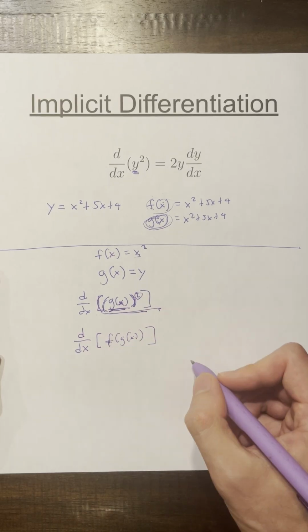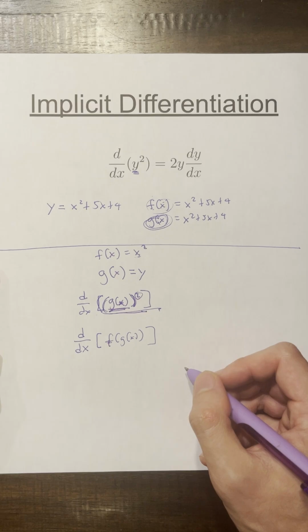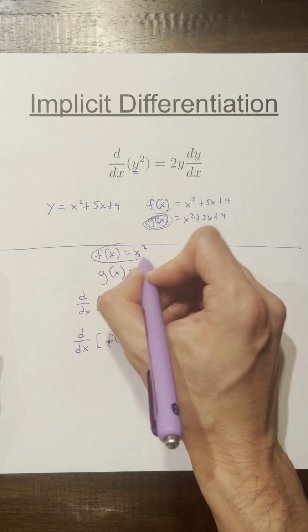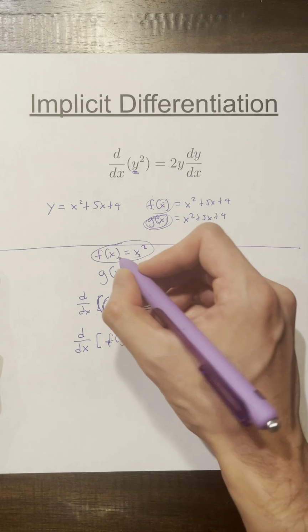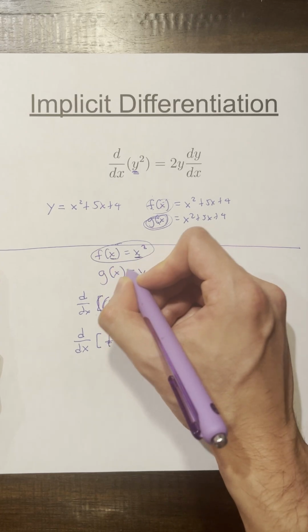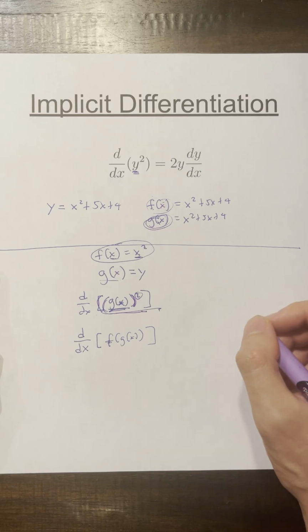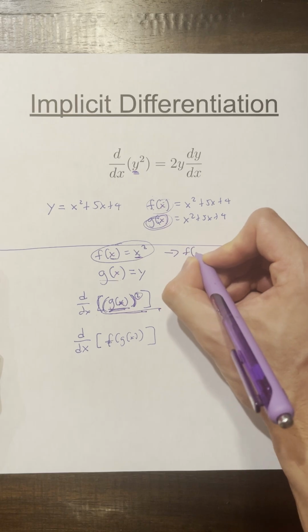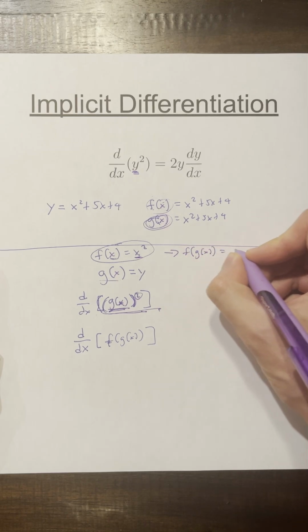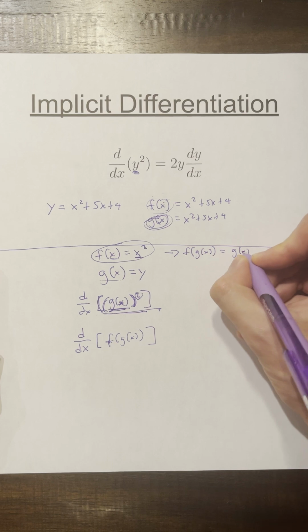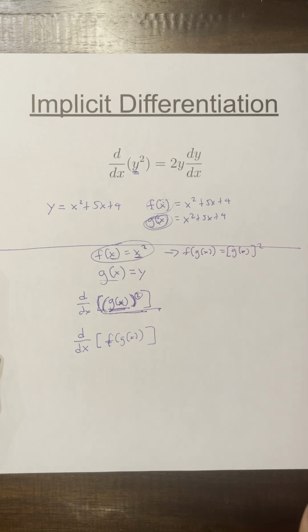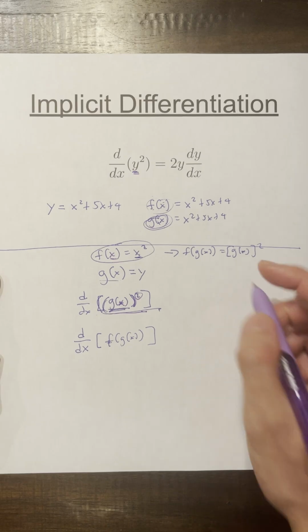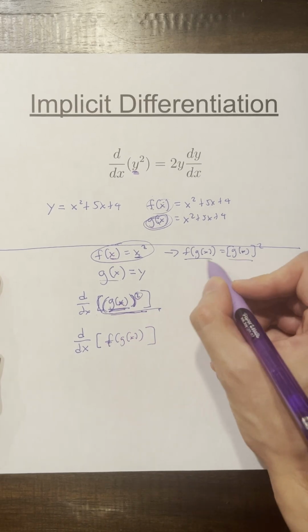How come? Well, let's go back to this equation. If I change all the x's here to g of x, what do I get? I would get f of g of x is equal to g of x squared. So that's why this is the same as this.